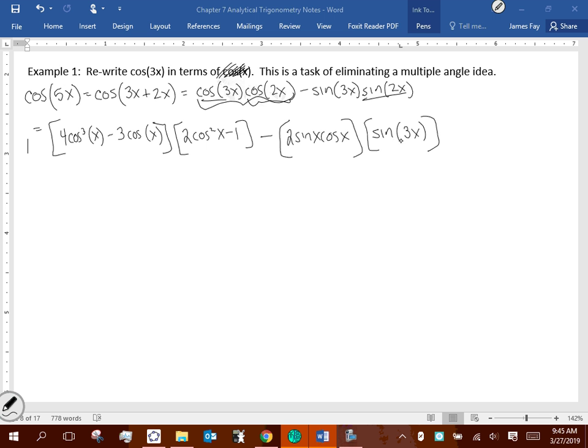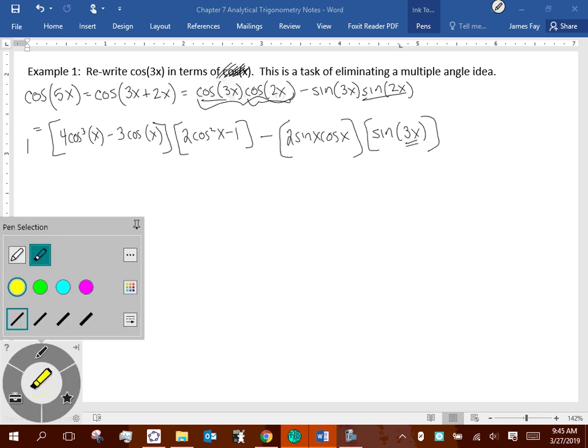Because now you're going to get more of these. Now you've got to expand that, right? So all this stuff stays the same. So let me just highlight this, so I don't have to keep rewriting all the same thing. That's going to be part of what I use later.